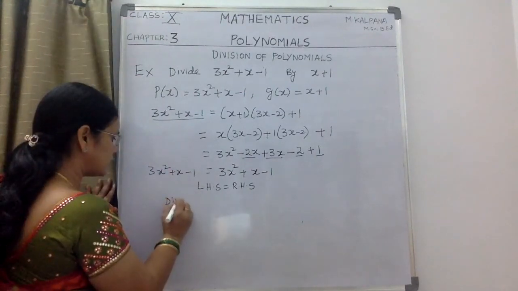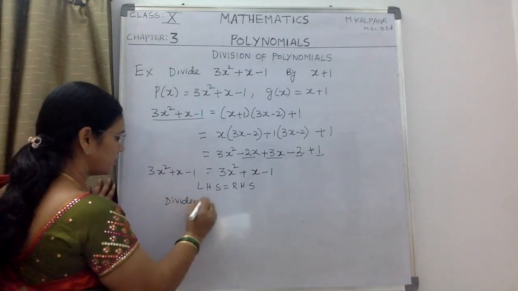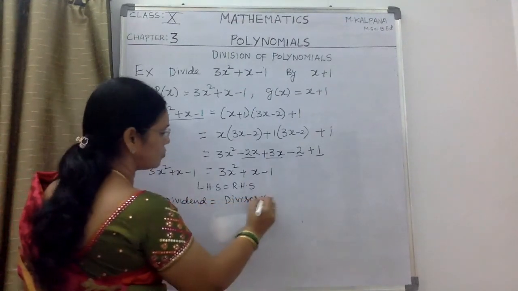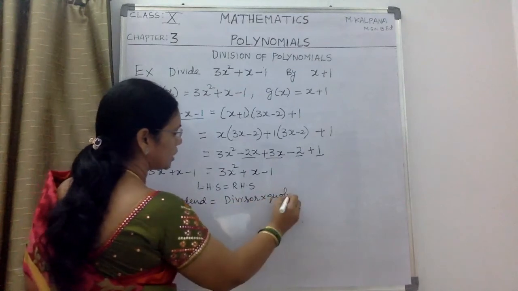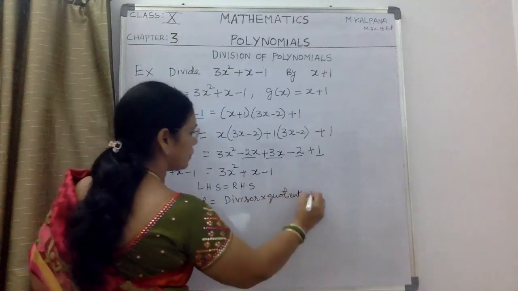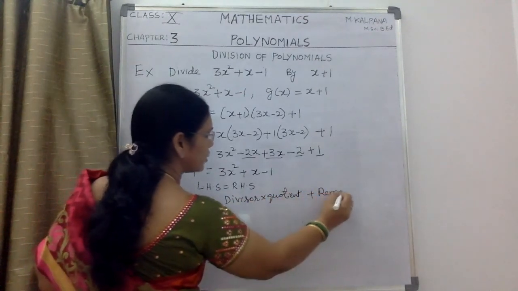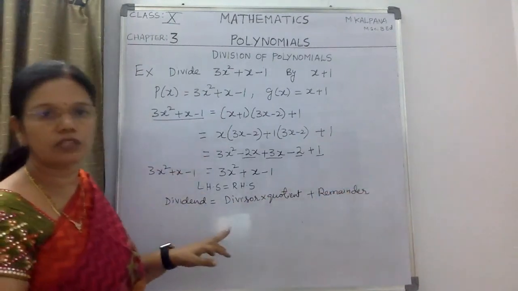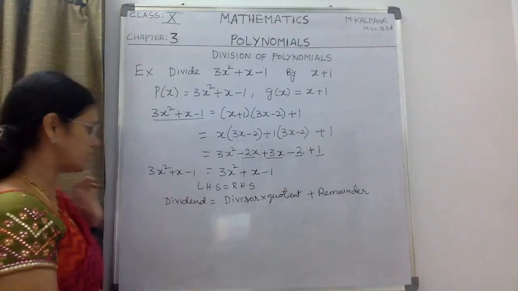Dividend is equals to divisor into quotient plus remainder. So this is true in case of polynomials also.